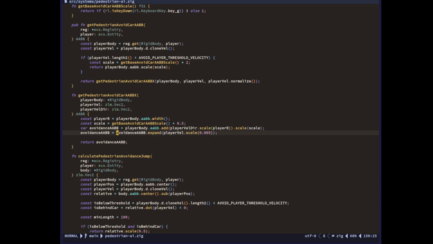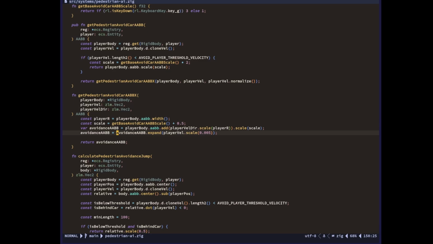And then we have this expand function, which is a thing that I made up here. It's sort of like a scale, but it locks one of the edges in place and scales only one side of the rectangle. For instance, if you're moving to the right, you want the rectangle to be on the right side of the car, but you want the left edge of the rectangle to stick to the car's right edge.